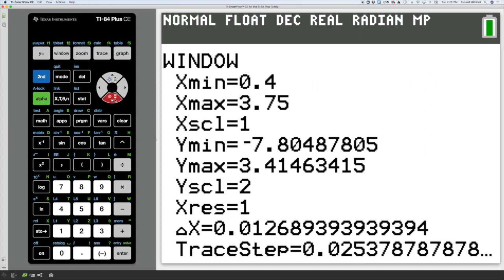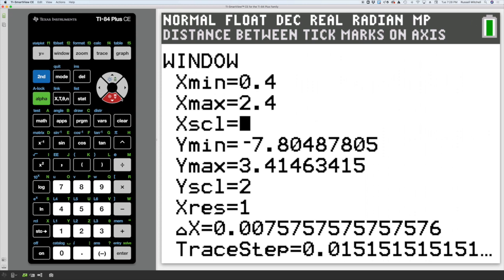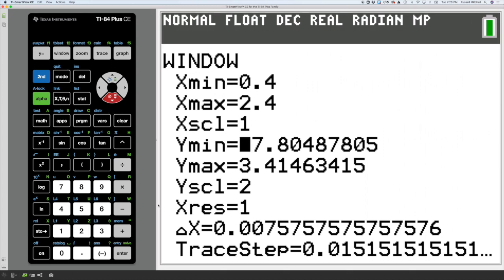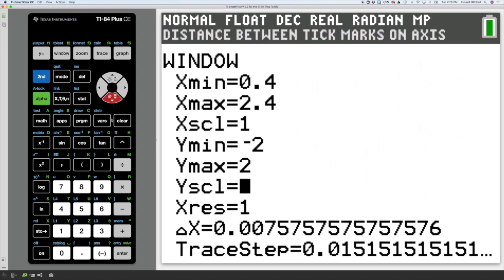And then our x max needs to be 2.4. X scale 1 is fine. Y min, this is sine, so it's only going to go between -1 and 1. Okay, so let's just do -2 to 2. And then y scale of 1. And let's go ahead and graph, because we're looking between 0.4 and 2.4.